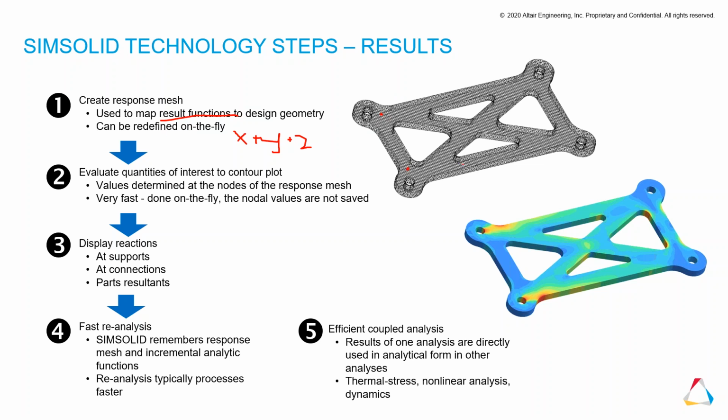So the result functions are what we store, and every time the user clicks on it, we only give you the absolute value or the absolute stress, okay? So we don't store the results of each point here, right? We store the mesh, and then we store a separate result function.